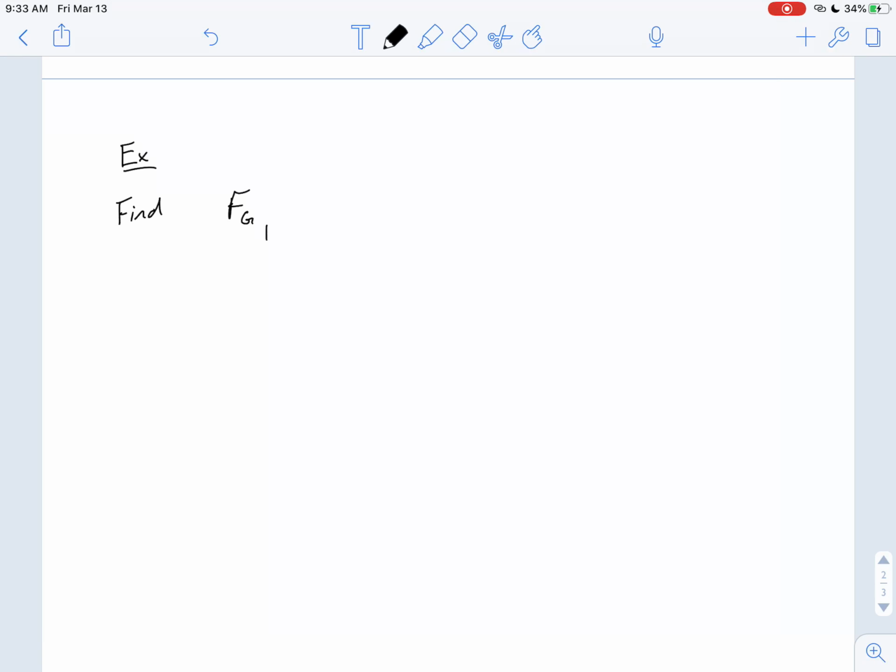We want to find the acceleration of the moon as it orbits Earth, assuming a perfect circular orbit. We will find how fast the moon is traveling, v, and then we want to find the orbital period of the moon, which is the time it takes to make one orbit around the Earth. Okay, so find all of those for the moon orbiting Earth.